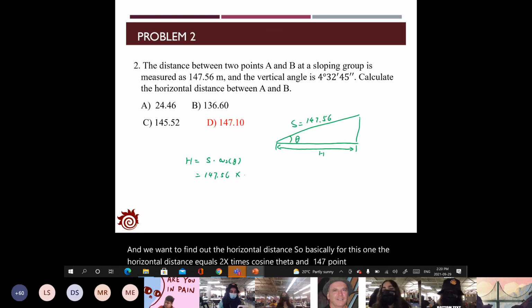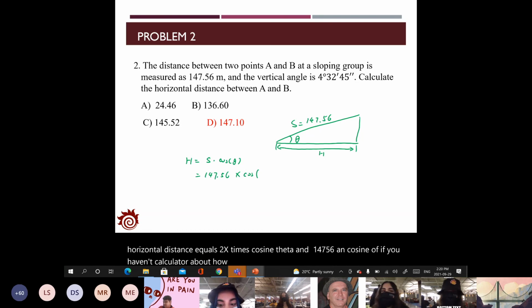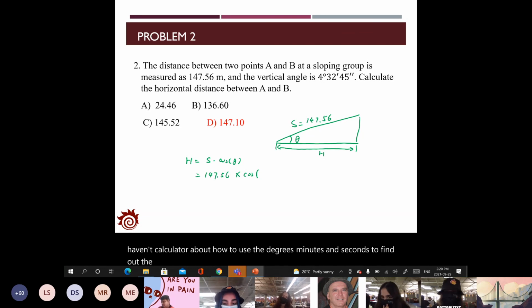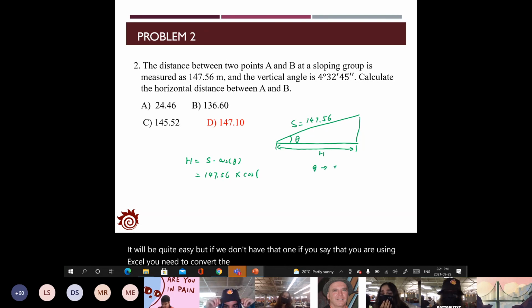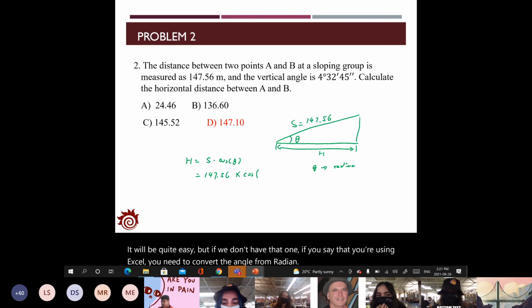147.56, and the cosine of theta. If we have a calculator that can use degrees, minutes, and seconds to find the cosine, it will be quite easy. But if we don't have that, if you are using Excel, you need to convert the angle to radians.